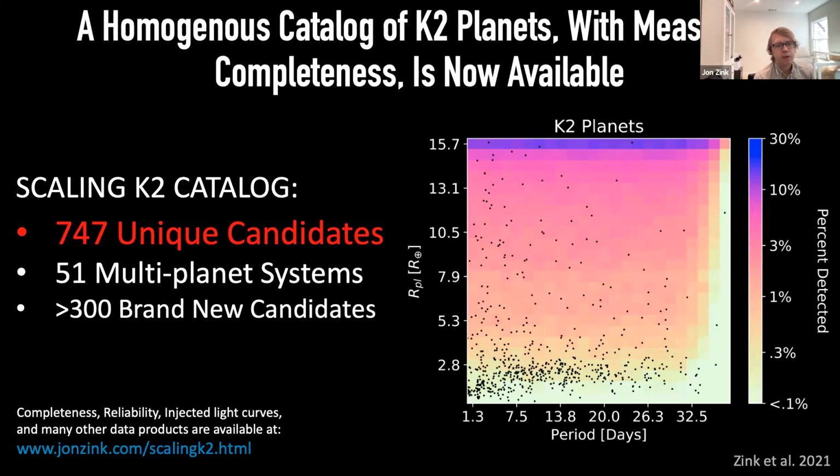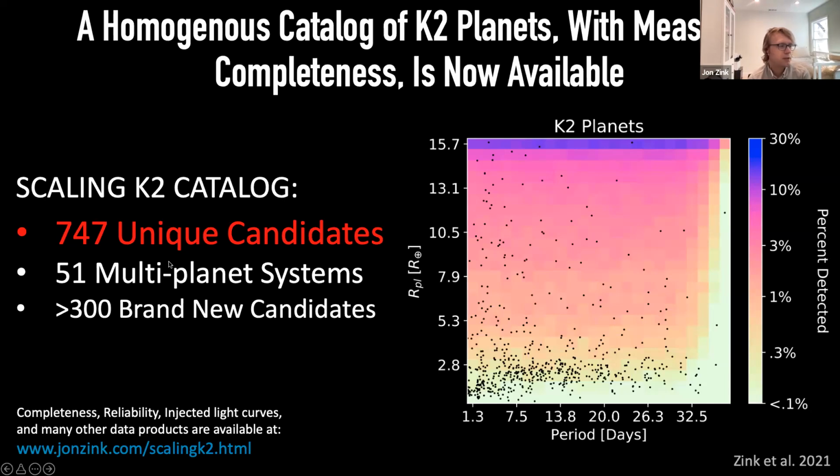While new planets are always really exciting, what we're most excited about is the fact that we can make this completeness map that you're seeing here. We have this homogeneous set of planets, but now we also have an understanding of how complete this sample is. A few things to note is that we found about 300 brand new candidates, and we found 700 planet candidates in total.